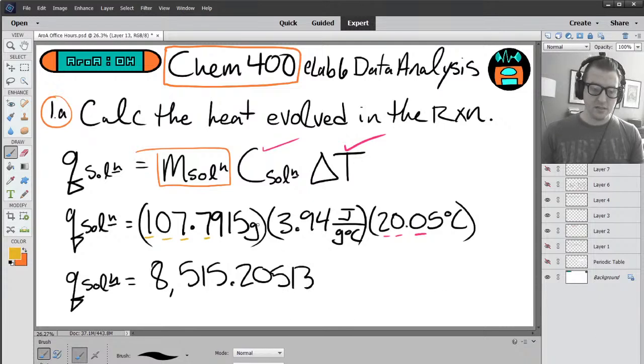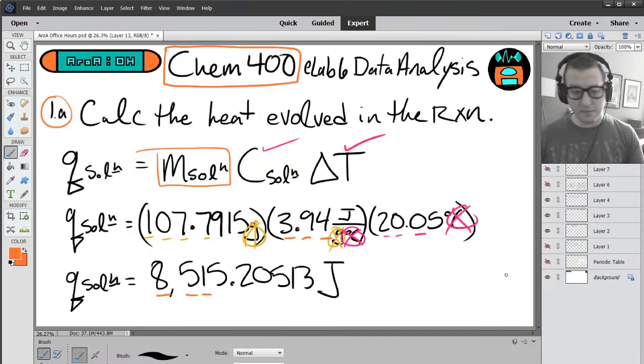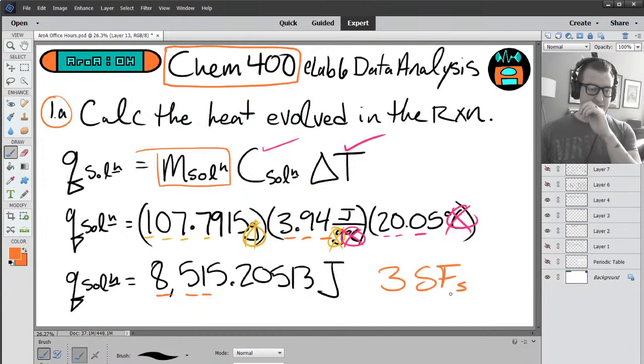Units wise, grams cancel grams, degrees Celsius cancel degrees Celsius, leaving us with joules. Sig figs wise, we're limited to 3 by the specific heat capacity and by our temperature. Again, we're not rounding yet. We're saving that for the last step of the problem, but we are putting these lines to remind ourselves that we have 3 sig figs.